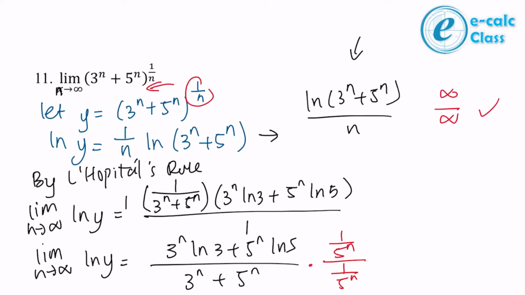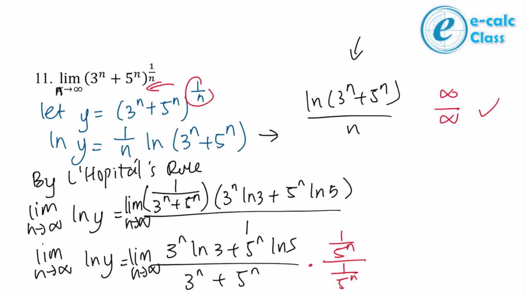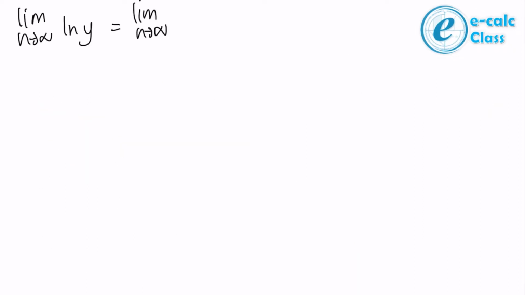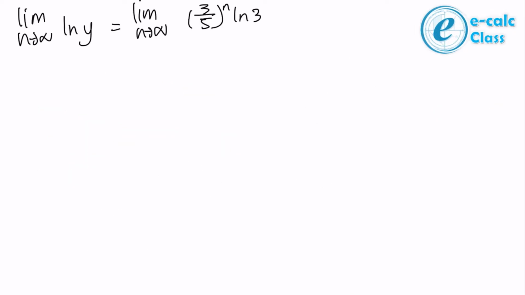So now, let me just copy it here. Ln y equals, I forgot the limit again. Limit. Now I divide by this fella here, so now I have 3 over 5 to the n times ln 3 plus 1 times ln 5, which is ln 5, right?